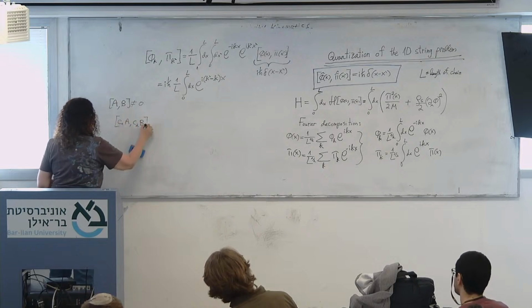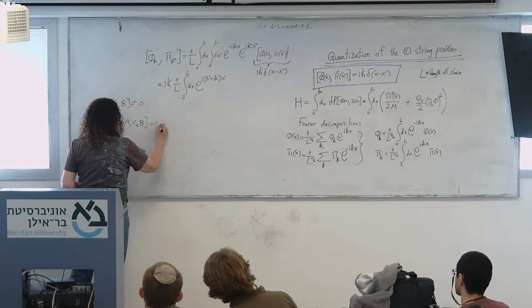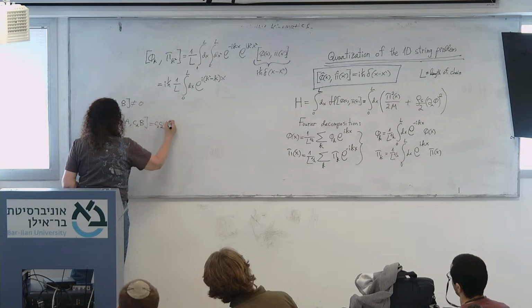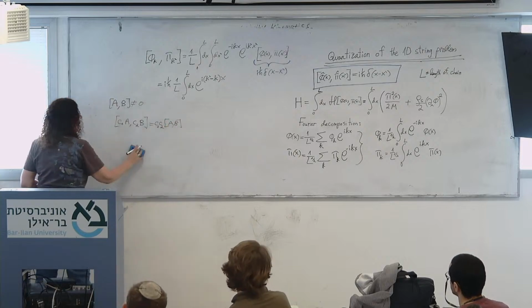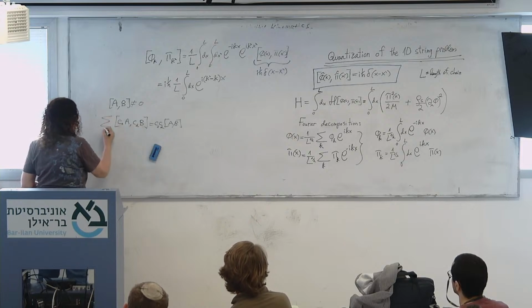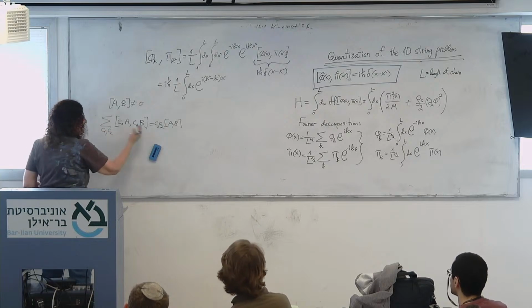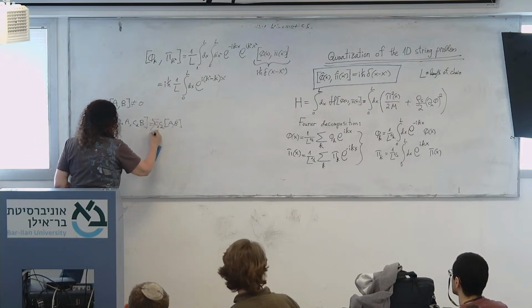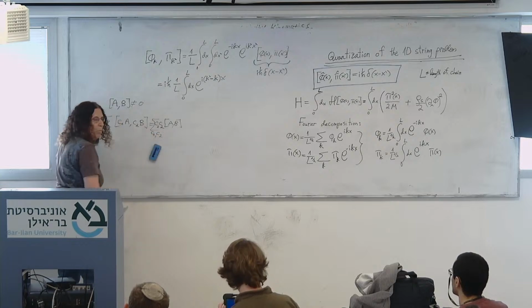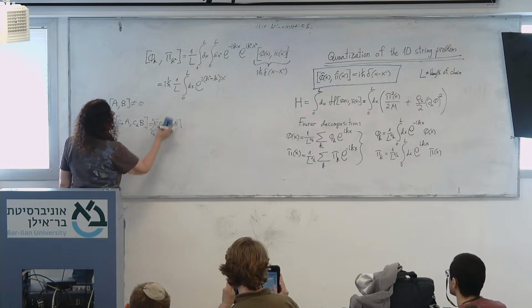If C1 and C2 are C numbers, you agree that this will just give me C1 C2 times the commutator, right? Now I can go on with this. Now I do a summation over C1 and C2. And it's going to be a summation, just term by term. Now take the limit. So this is a trivial relation.